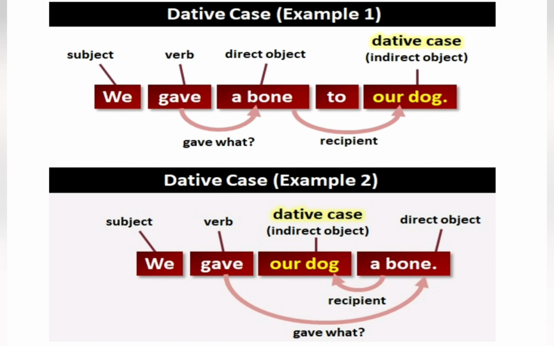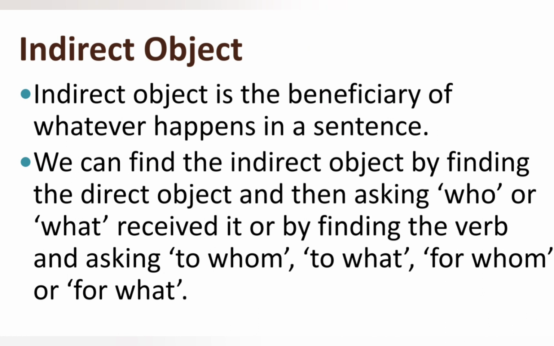The same example can be written like this. We gave our dog a bone. Indirect object is the beneficiary of whatever happens in a sentence. It means a noun that occurs in addition to a direct object.